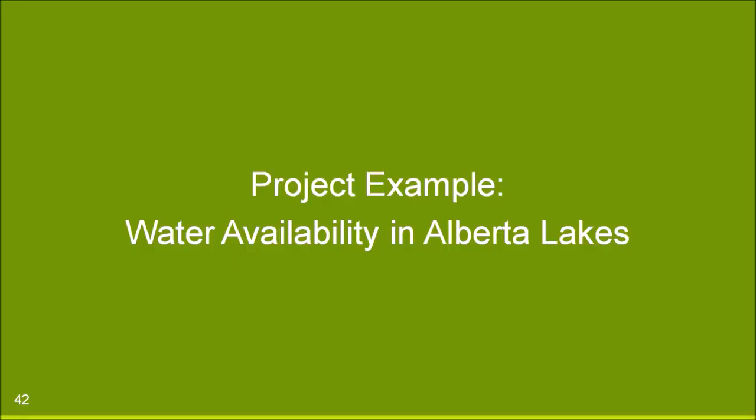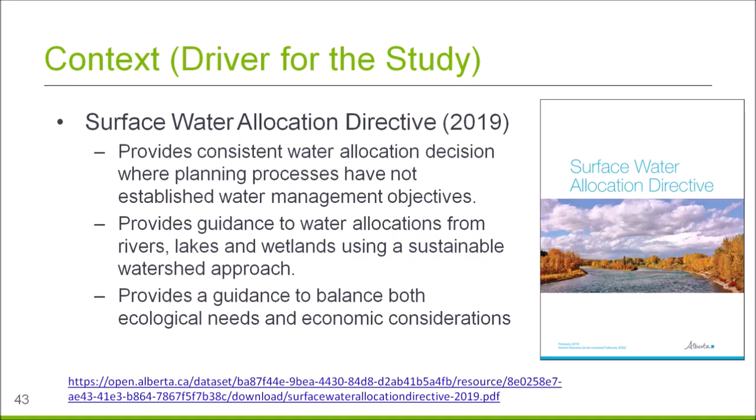Now, I want to give you 3 different examples. The first one is water availability in Alberta lakes. This is a new directive that was approved by the department in 2019. It's the Surface Water Allocation Directive. This directive gives direction on how water will be allocated in the province where we do not have an approved water management plan.